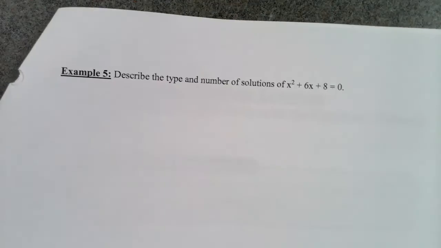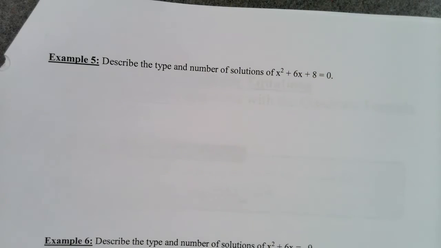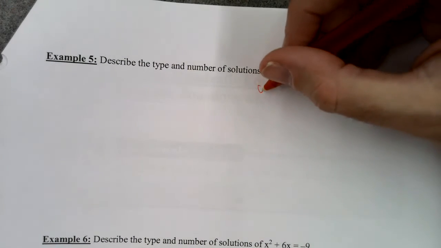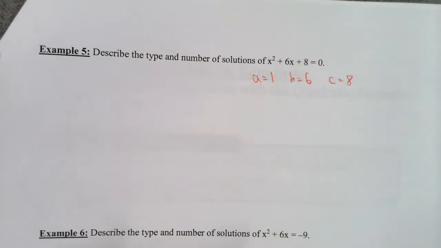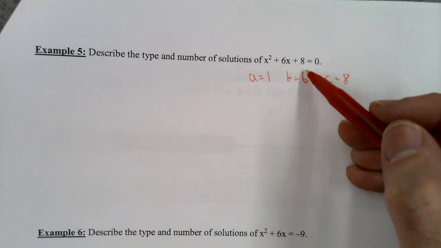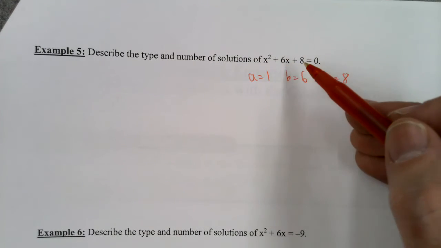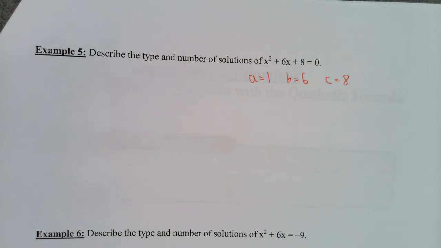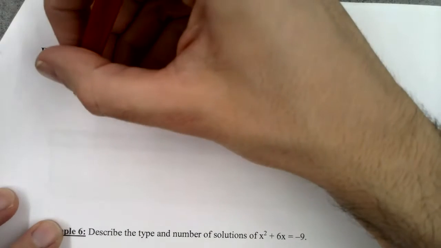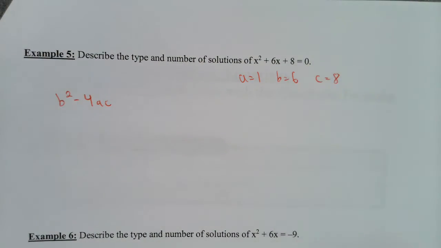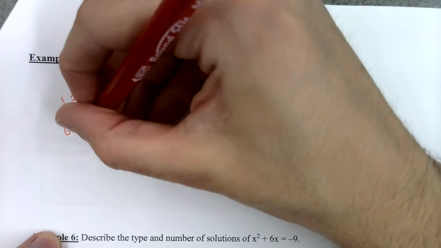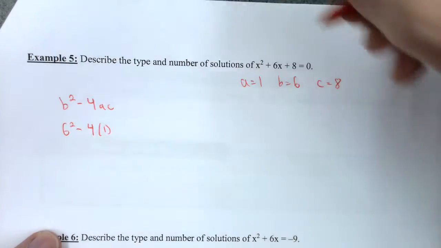Okay, so last page. Describe the type and number of solutions. First, you have to have this equation equal to 0, and it is. Let's identify a, b, and c. a equals 1, b equals 6, c equals 8. Make sure it's in standard form, so it goes x squared, then x, then your constant all by itself. Now we're going to evaluate the discriminant, b squared minus 4ac. So 6 squared minus 4 times a, which is 1, times c, which is 8.